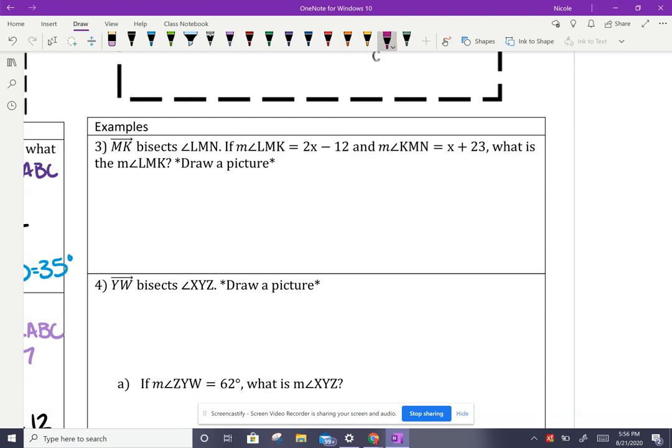So this says ray MK bisects angle LMN. And again, I would draw a picture. It just visually can be helpful, and it doesn't have to be perfect. You're just trying to show that there is another ray in the middle.